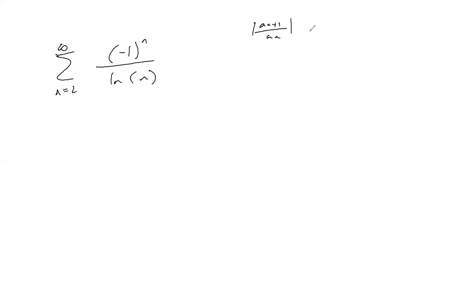Let's figure out what a_(n+1) over a_n is, in absolute value. Since I'm talking about absolute values, I can ignore the negatives, and I would have this thing: a_(n+1) over a_n equals ln of n over ln of (n+1).